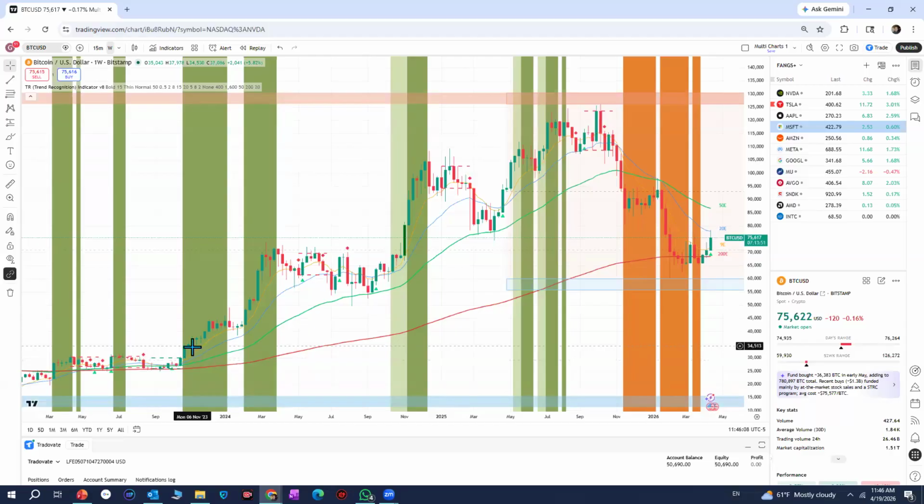Now every bar gives you 1 week. Remember, it's not 3 minutes, it's not 1 day, it's not 1 hour, it's 1 week. When you broke out here, that was the time to make an entry. The buy point came out of this, the green zone, you're in the third stage of the TR indicator, just follow it.